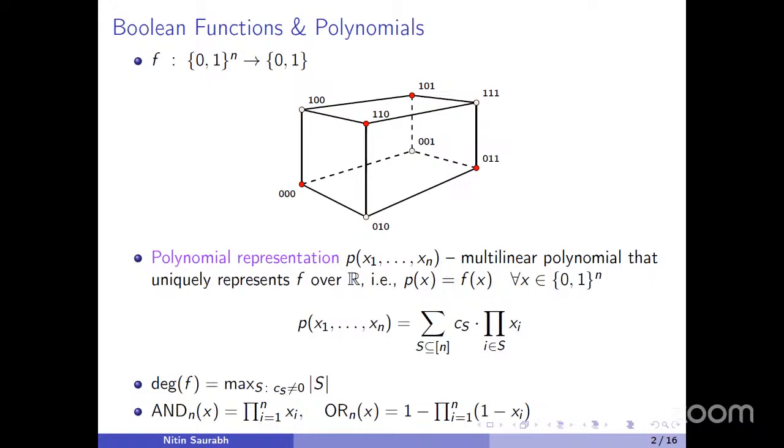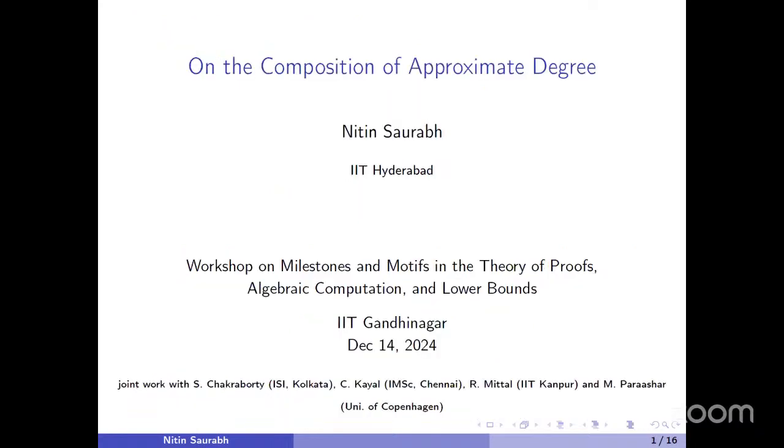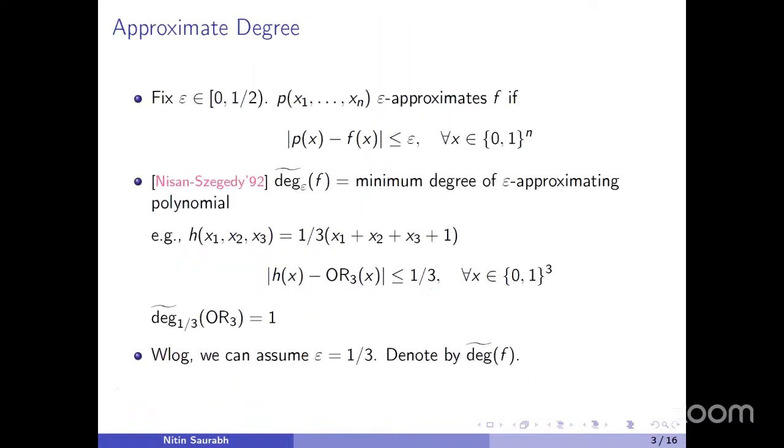For example, the AND function can be represented by just the product of variables, and the OR function is 1 minus the product of (1 minus x_i). Both of them have degree n. At times we don't only want to exactly represent a function, we sometimes want to approximately represent it.